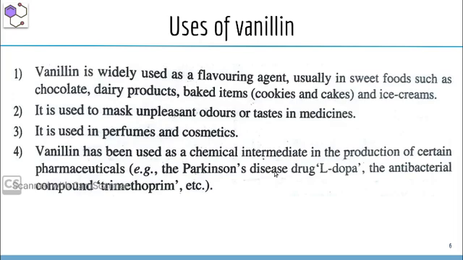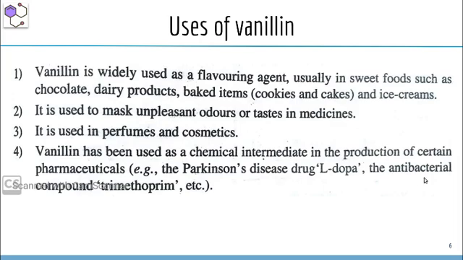It is a disorder of the central nervous system that may damage the brain nerve cells and may lead to loss of movement. So for making the drug for Parkinson's disease, L-Dopa, we use vanillin.